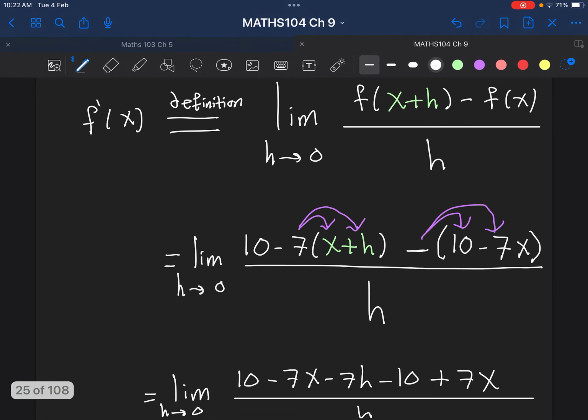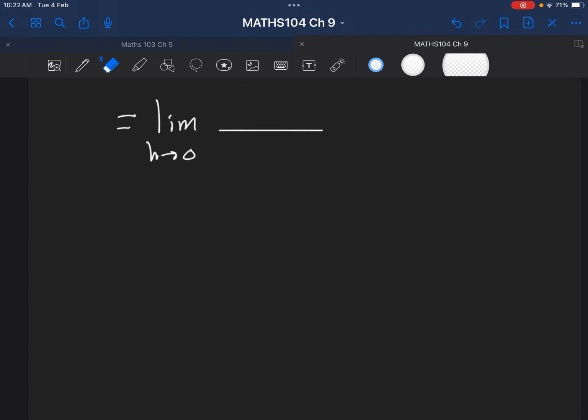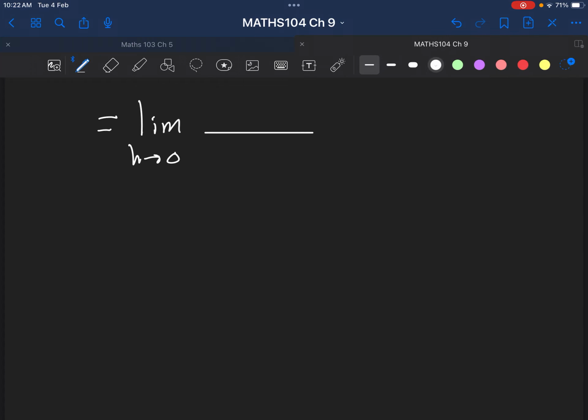Let me go back here and check. Cancel 10 with negative 10. Negative 7x plus 7x, so it is just a very short expression. So lucky day here. We get negative 7h over h. And now the cancellation is even clearer because I can cancel the h in the top and the h in the bottom, numerator and denominator.